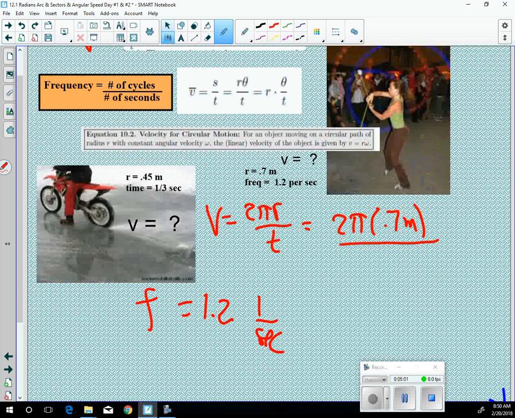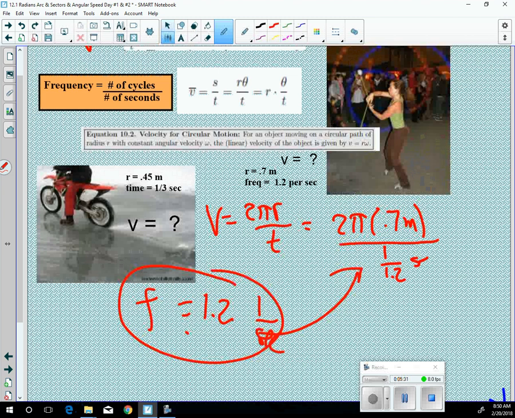That's what a frequency is. So what do you do to get time? It's not hard. If this is 1 over seconds, we want seconds here. What do you do to frequency to get it into time? Instead of 1 over seconds, we want seconds. So what should we do with this? 1 over 1.2 seconds. Is that tricky?